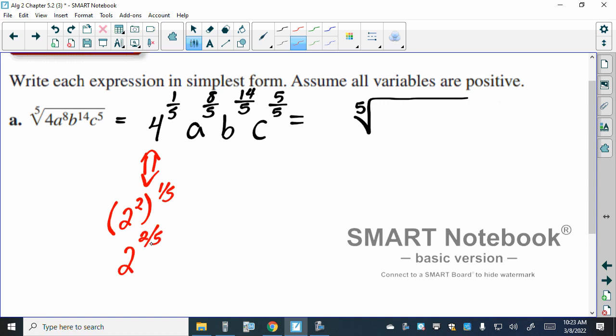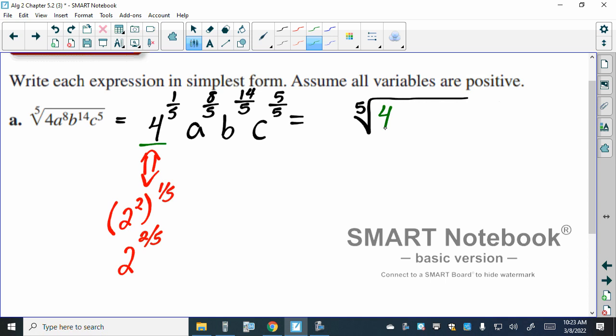Well, that's not going to simplify, that's not going to reduce. So what that tells us is that for the 4, if we're trying to simplify this expression, the 4 is just going to stay inside the radical because we can't take the 5th root of 4.